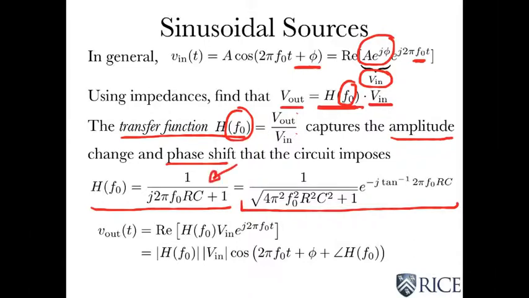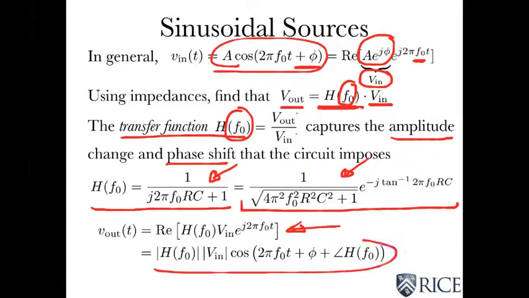We then have to do some calculations to figure out what it is in polar form, and then it gets very easy to figure out what the output is. So when the input is that, the output is always this for any circuit containing resistors, capacitors, and inductors. That's always the answer. This is very, very general.